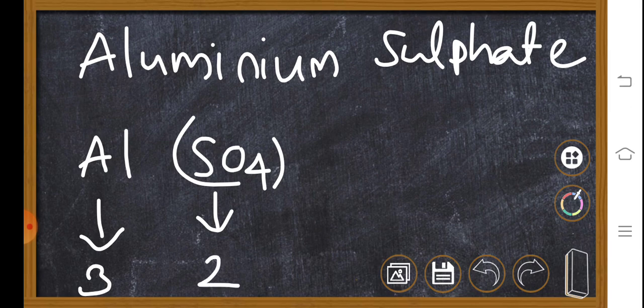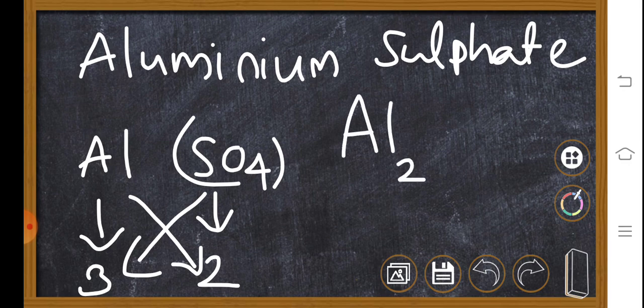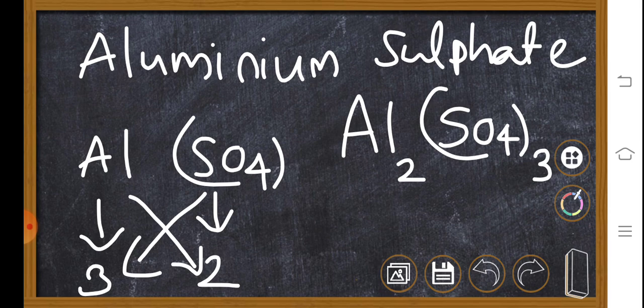Just observe page number 55, there is the table of valency, and sulfate SO4 has valency 2. So we write it like this and cross the valencies, and we get Al2, and we write SO4 in brackets and write 3 outside the bracket. So aluminium sulfate can be written like this.